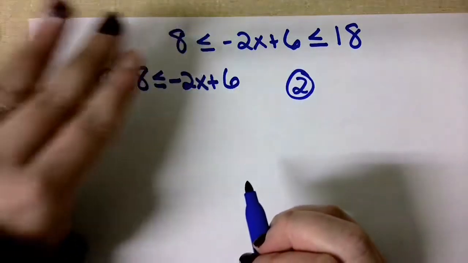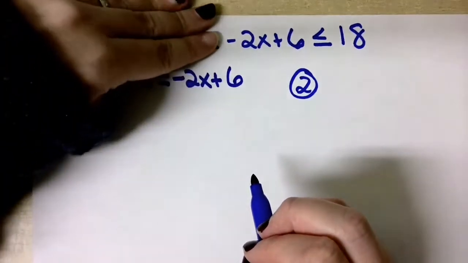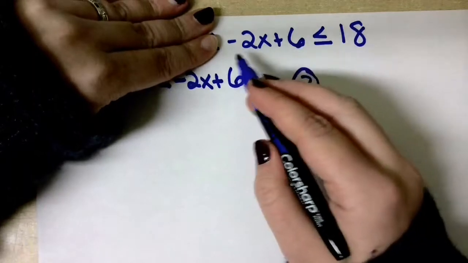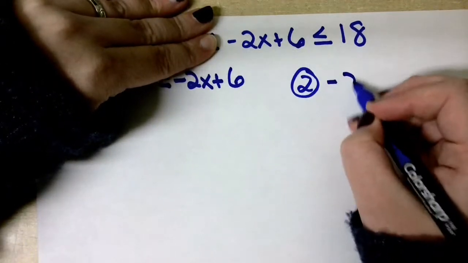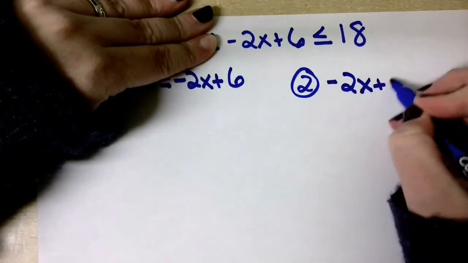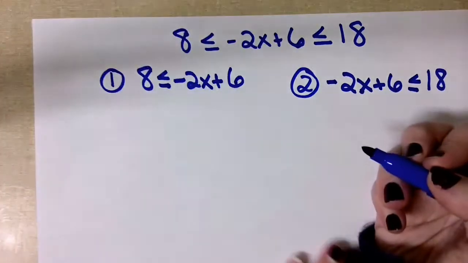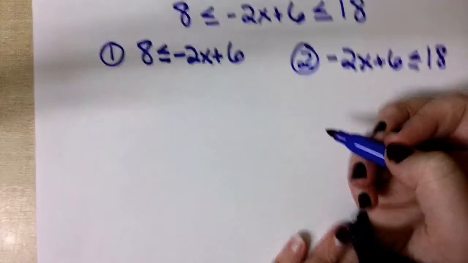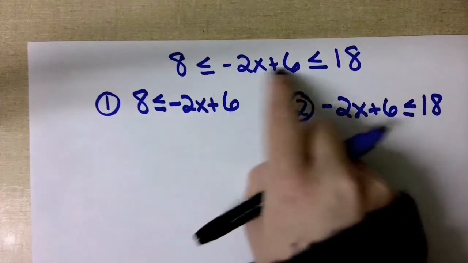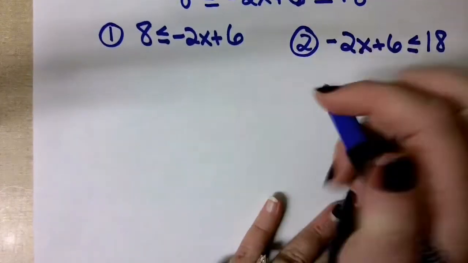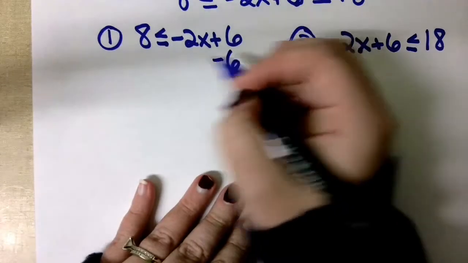I can also cover up this inequality sign and everything to the left of that, and I have an inequality over here. Negative 2x plus 6 is less than or equal to 18. So now I have two inequalities to solve. It's going to be an and because it's set up like this. From there, I do the math.